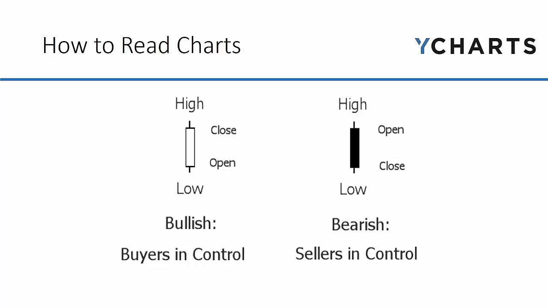And then on the right, you have the opposite, where the close is lower than the open. So it's a filled candle, and that signifies that the stock price went down. But it works the same way, that the lines show the range of the stock for that day. So let's go ahead and move back into this technical chart.